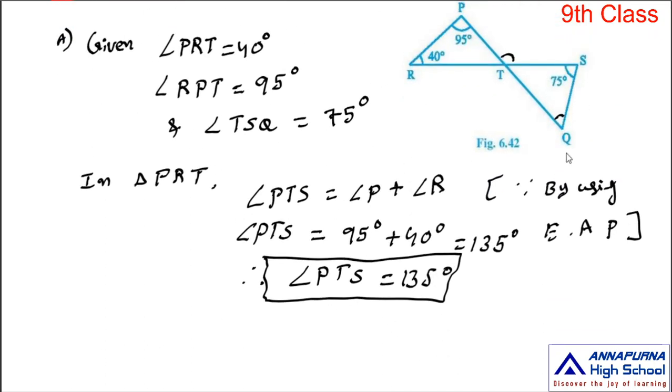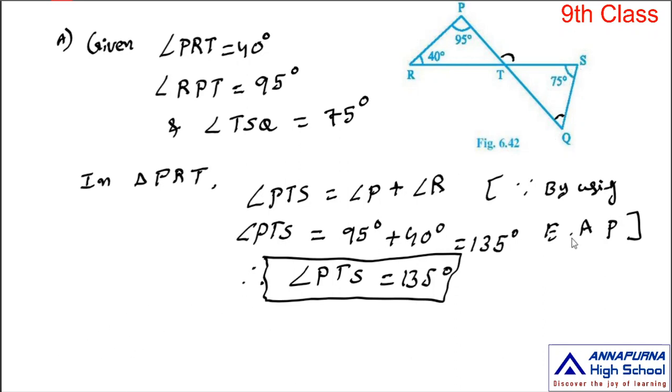Next, see the figure. SQT is a triangle, and PTS is an exterior angle. Again, by using the exterior angle property, one exterior angle is equal to the sum of the two opposite interior angles. One exterior angle PTS is equal to the sum of the two opposite interior angles.